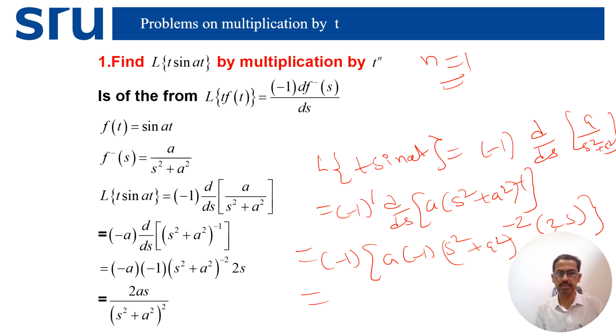Minus into minus is plus, so 2as, and this negative power goes to the denominator: s square plus a square whole square. This is the Laplace transform of t sin at, 2as by s square plus a square whole square, using the multiplication with t formula, right?